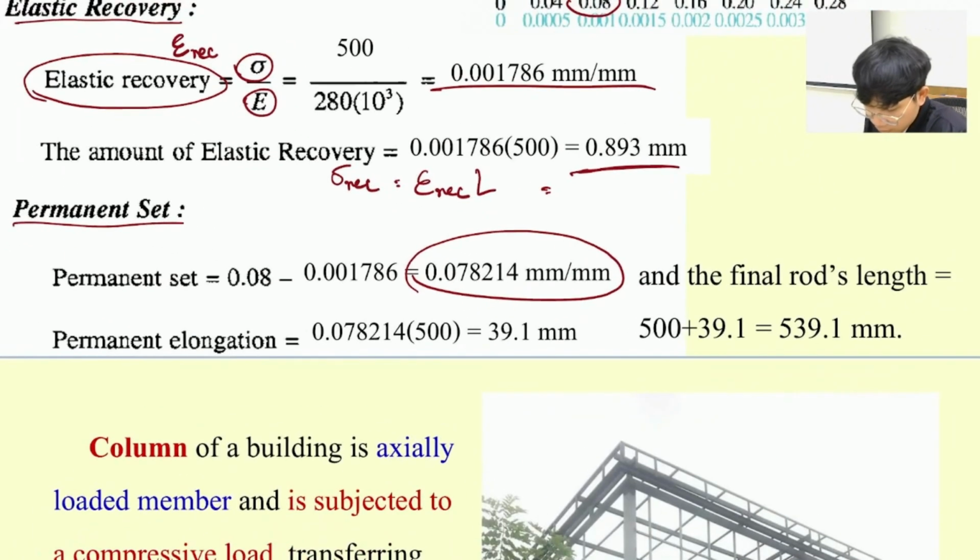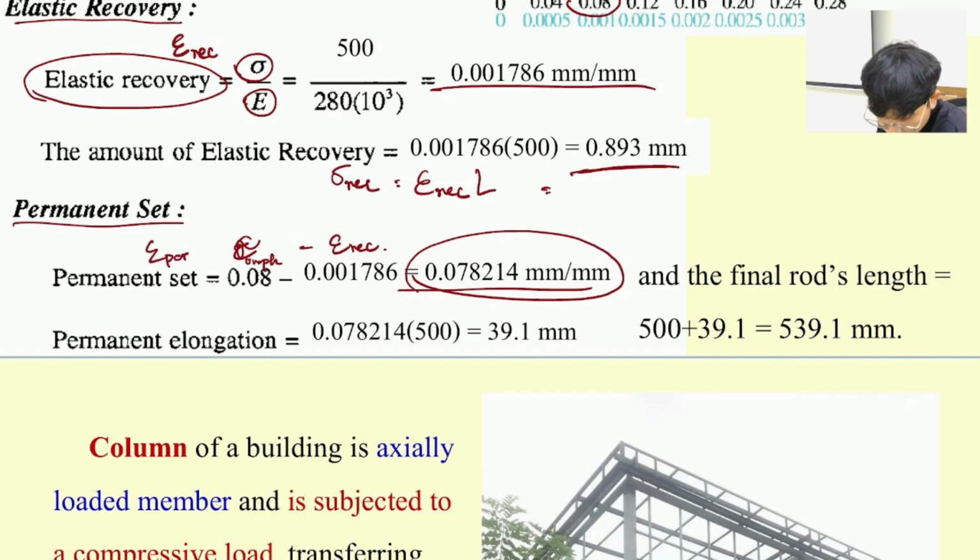Okay, so we're going to use the strain from the graph minus the strain recovery. Okay, so we're going to get the permanent strain. And then the permanent elongation is going to be the permanent strain multiplied by L over here, which is the length of the sample.